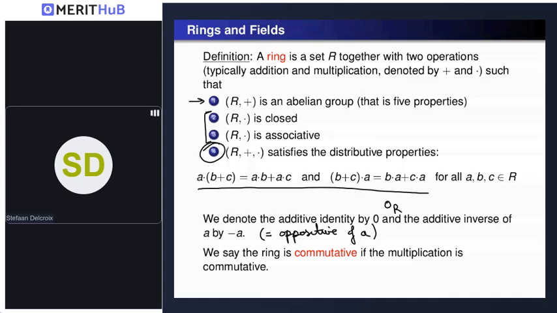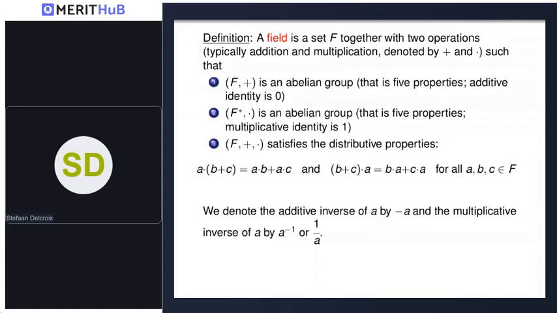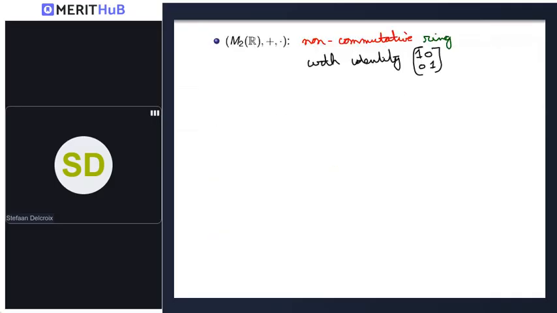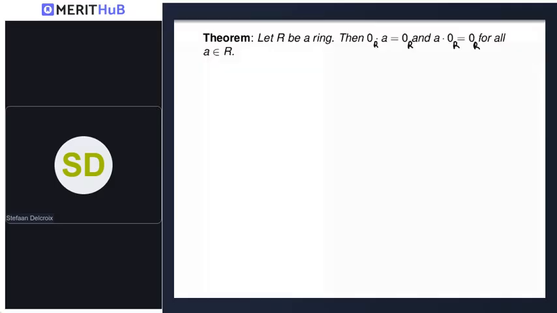Okay, so let's see if we can prove this using only these rules here. All right, so here we go. We pick an element A in the ring. What I'm going to do now is multiply A by 0 plus 0. I want to write 0R to really indicate this might not be the number 0, this could be the 0 matrix.